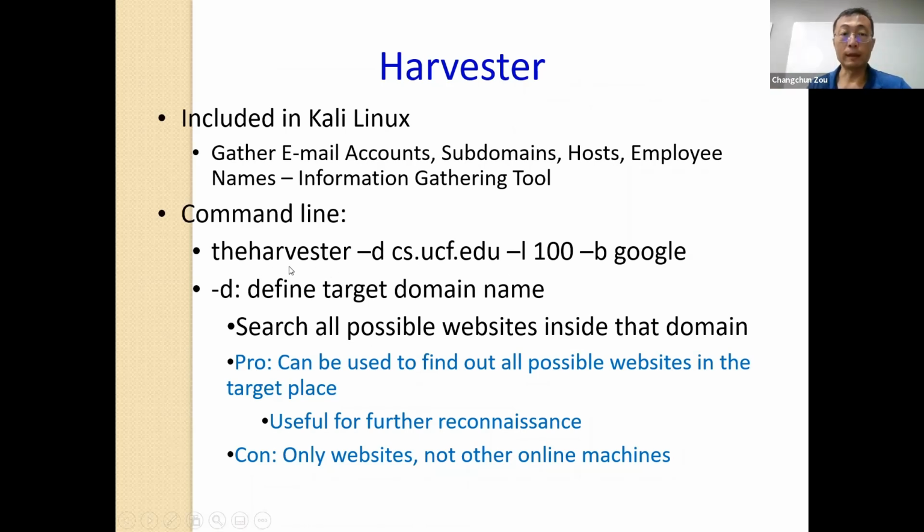The basic command is theHarvester, then -d means which target website you want to collect information on, -l means how many results you want to collect and summarize, and -b means which search engine you want to use. You can use Google, Yahoo or Microsoft Bing.